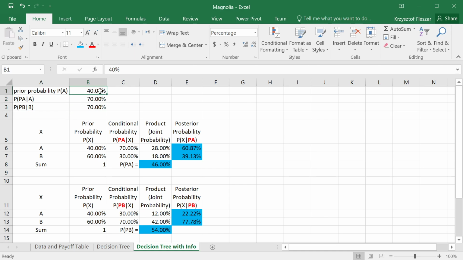And so this prior probability of 40% increases to only about 61%.